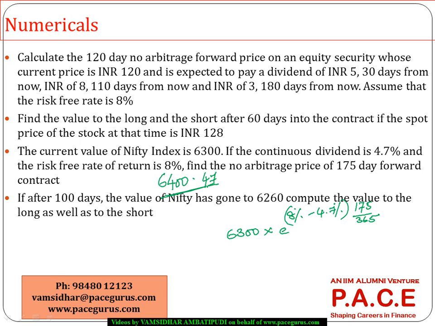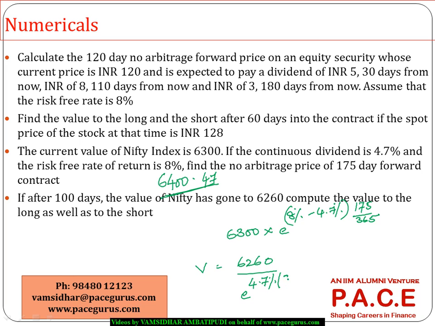And now we are saying after 100 days the value of the Nifty has gone to 6,260. So in case of this equity index forwards, if I want to find out the value, I'll take the spot price divided by e to the power dividend yield into the time to maturity.